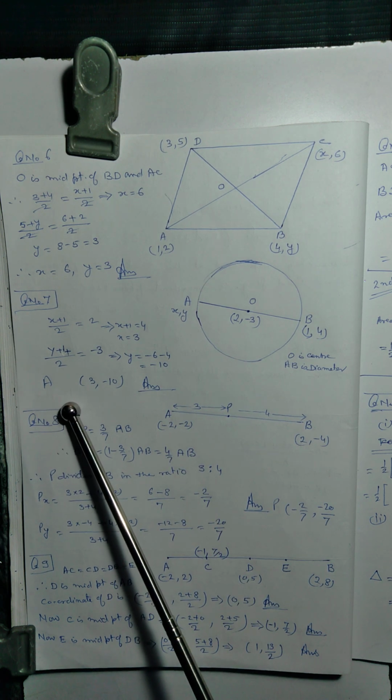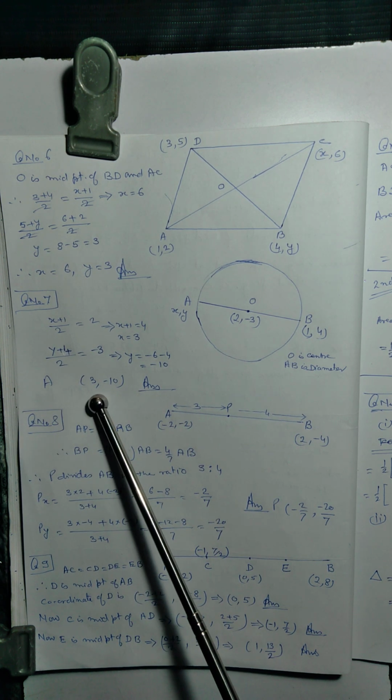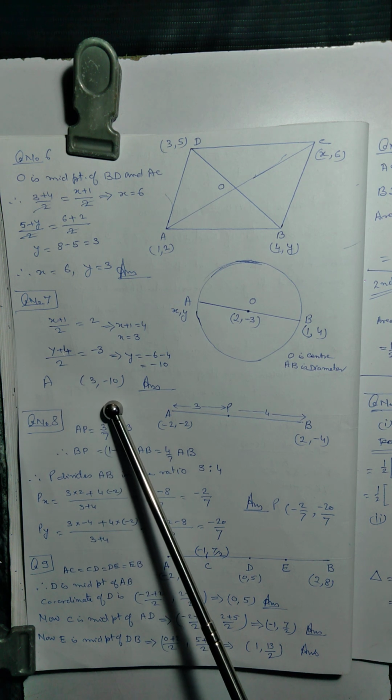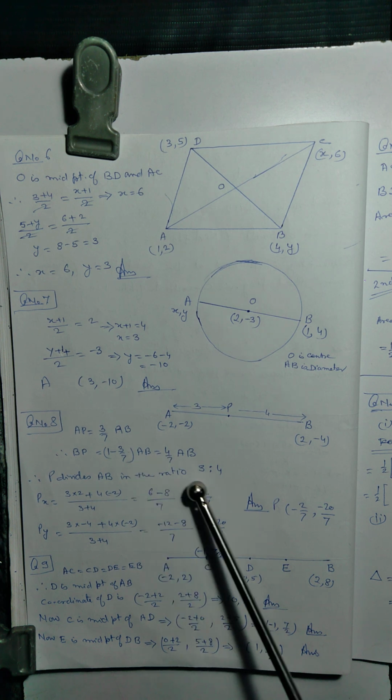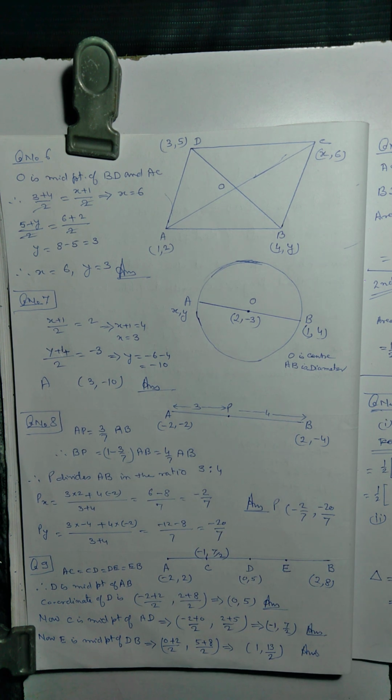So the coordinate of the point A will be (3, minus 10), and this will be your answer.